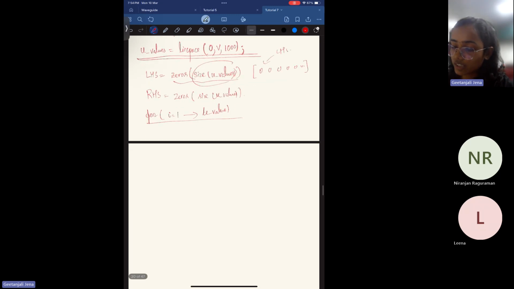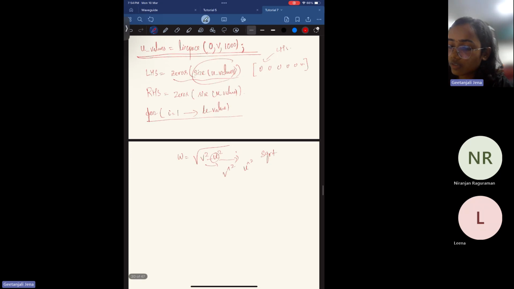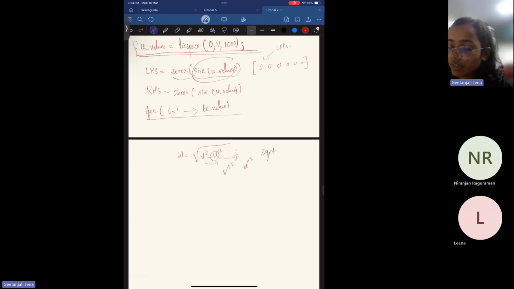Inside the for loop, you need to calculate the value of W. W is the square root of V square minus U square. In MATLAB, you write square root as sqrt, V square as v to the power 2, and u to the power 2. The U values you already know because we used the linspace function to discretize the points.